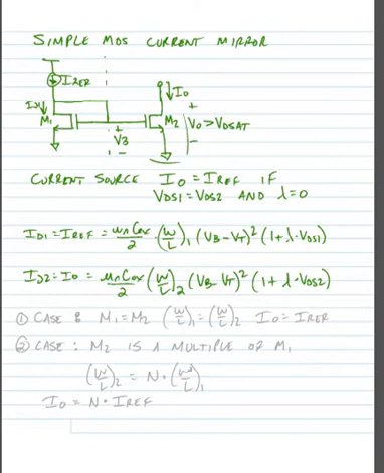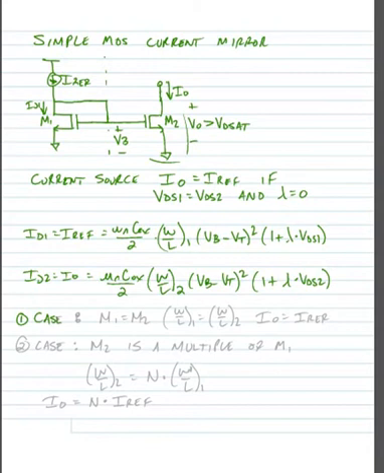Now, one of the nice things that we can do here is it can sometimes be desirable for the output current to equal the reference current, but we also might like to create an output current that's a multiple of the reference current. And in order to do so, all we would have to do is scale the W over L ratio of the transistors to achieve this.